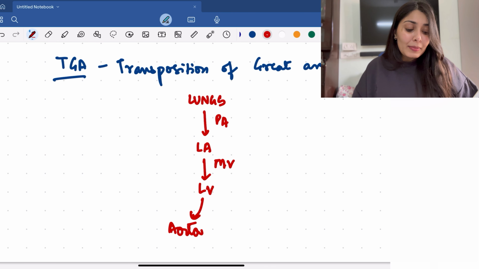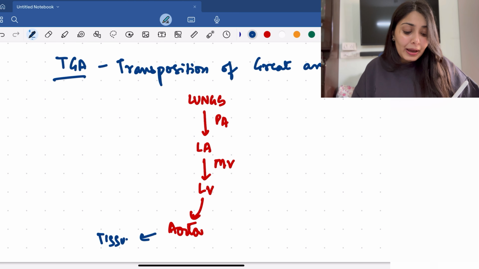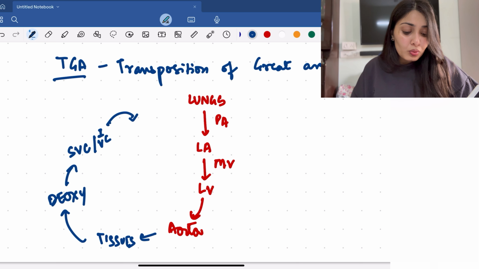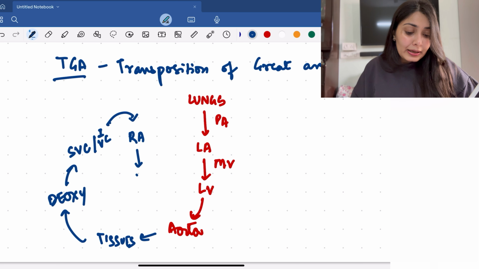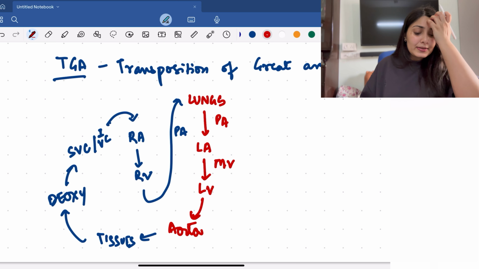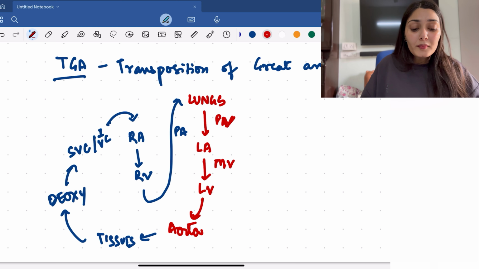From there, my tissues will utilize this oxygen and give back deoxygenated blood into my superior vena cava and inferior vena cava, right? Through this, the blood will go into my right atrium, right ventricle, again back to the lungs through pulmonary arteries, right? Pulmonary veins, right?